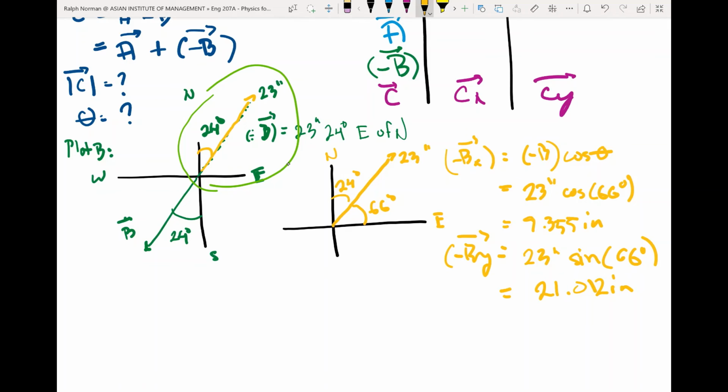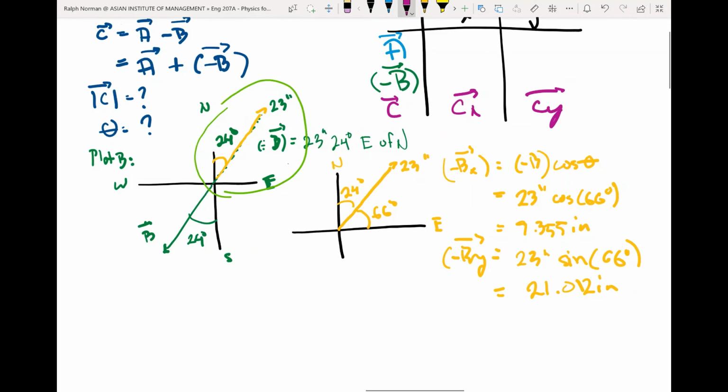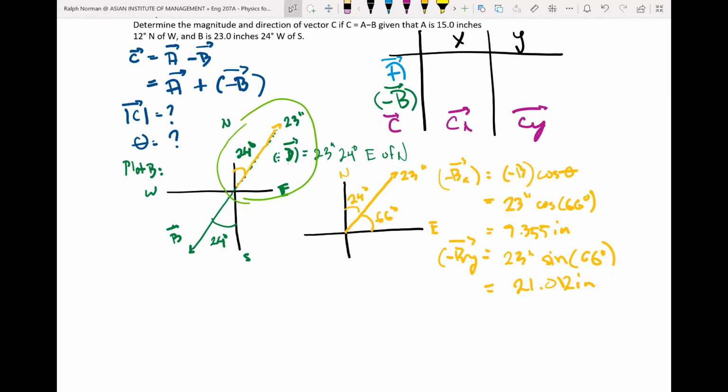So far, positive. Nasa quadrant 1 tayo. We're good to go. Okay. So, pwede na natin siya ilagay on the table. So, yung x dito will be 9.355. And dito naman is 21.012.